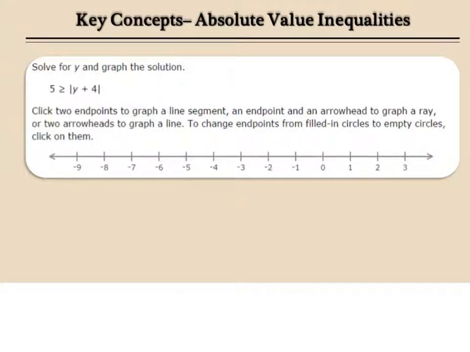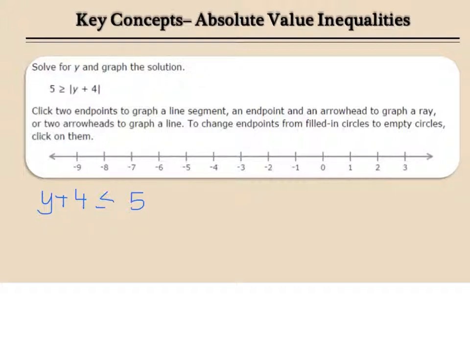All right, here's the first example. It says solve for y and graph the solution. Now the problem says 5 is greater than or equal to the absolute value of y plus 4. Remember I said we want the absolute value on the left and the number on the right. So I'm going to rewrite this with the absolute value on the left and the number on the right. All right, so I have the absolute value of y plus 4 is less than or equal to 5.